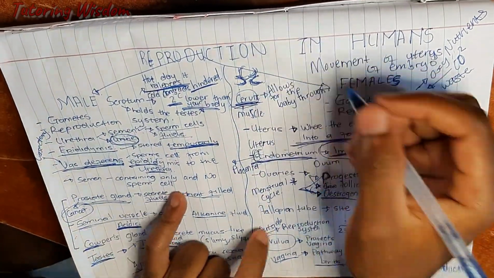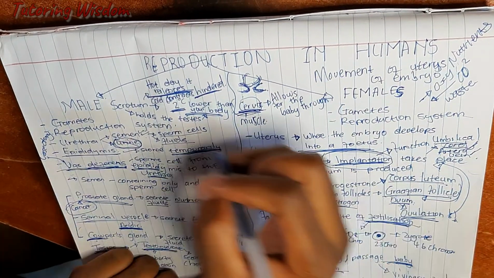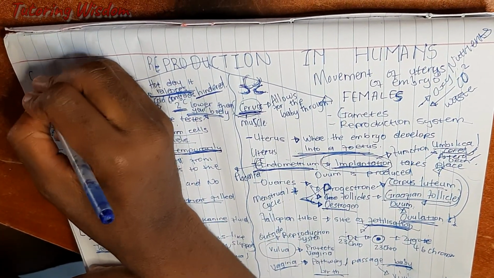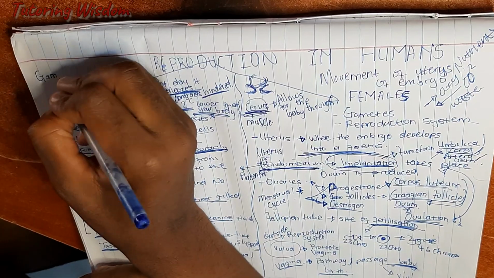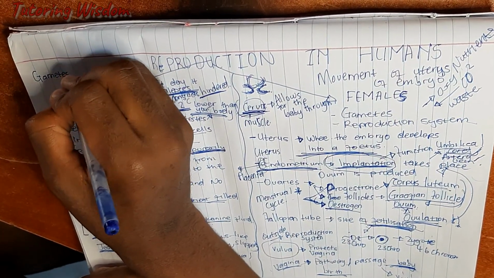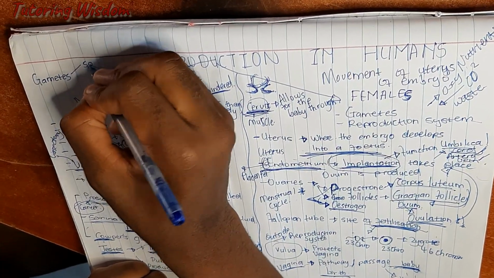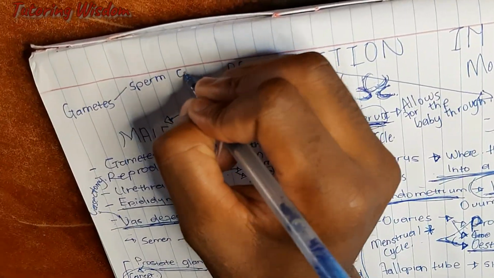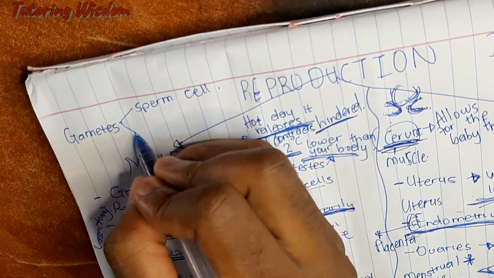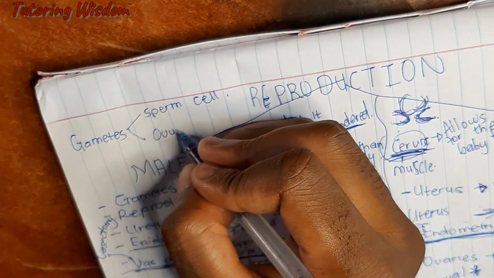I'm just going to go back a little. I just want to explain this one: gametes. What are our gametes? When we talk about gametes, we talk about your sperm cell and ovum.